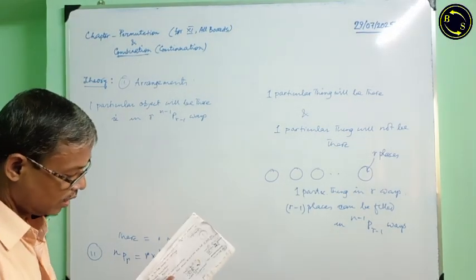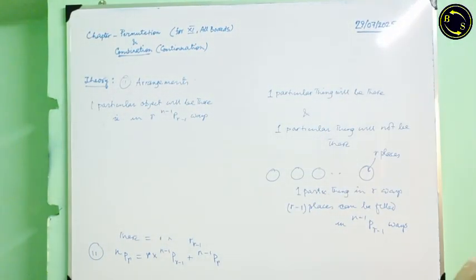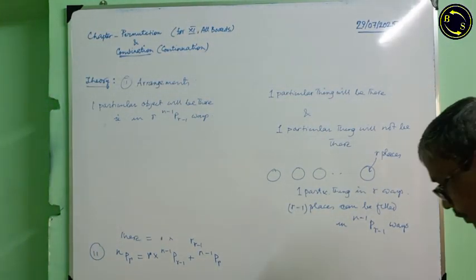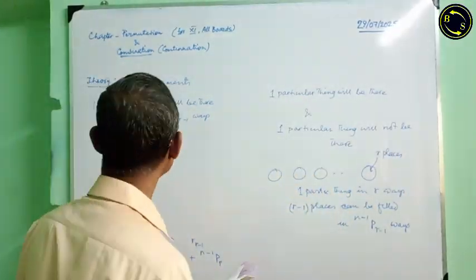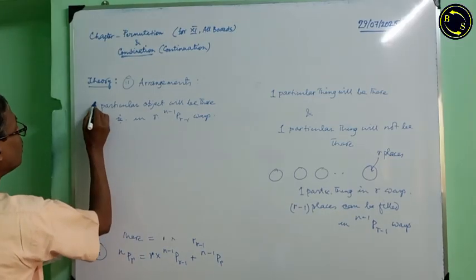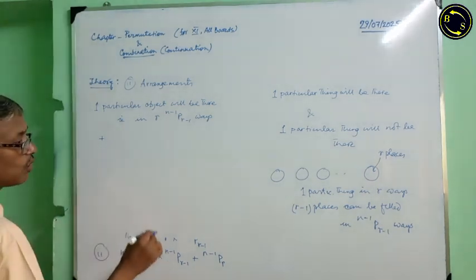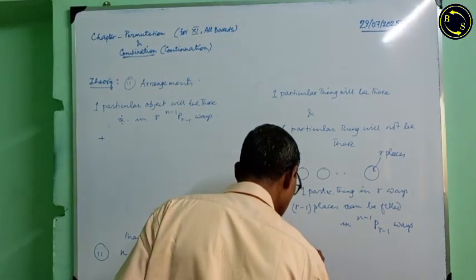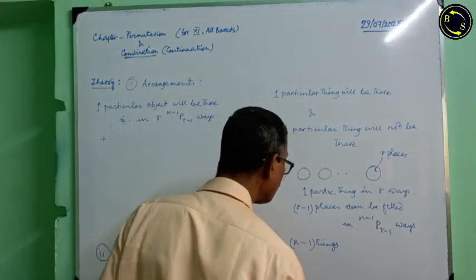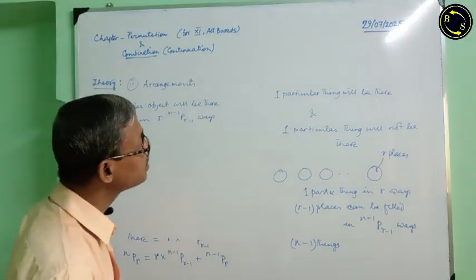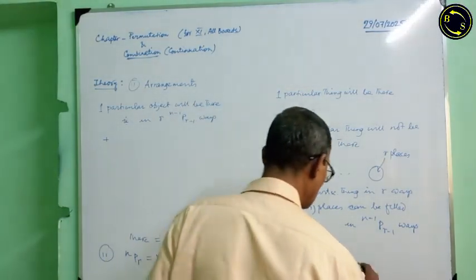Now the other case is one particular thing will not be there. That means we have left n minus 1 things. Out of this, r things are taken, that is n minus 1 Pr.